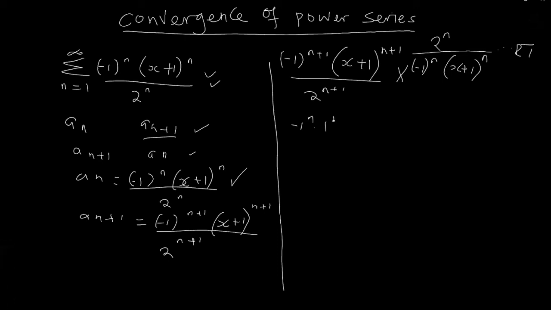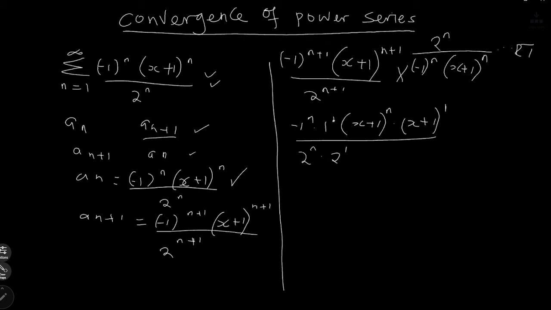So this is negative 1 raised to n multiplied by negative 1 raised to 1, then multiplied by x plus 1 raised to n, then by x plus 1 raised to 1, divided by 2 to the n multiplied by 2 raised to 1, then of course multiplied by 2 to the power n, all over negative 1 raised to n multiplied by x plus 1 raised to n.